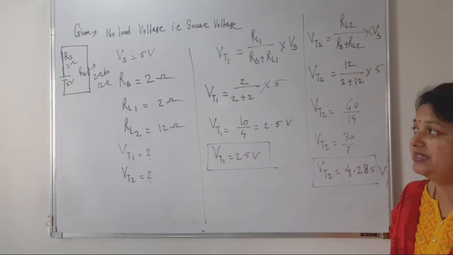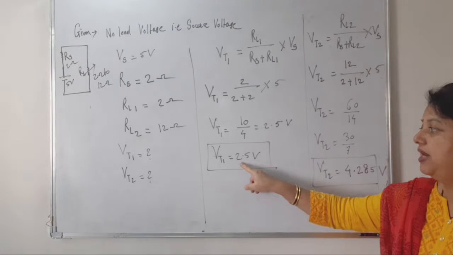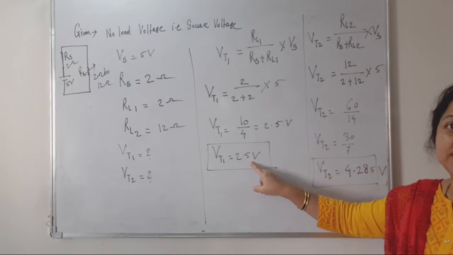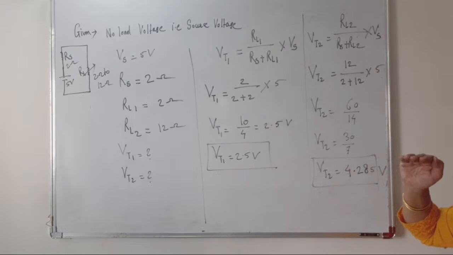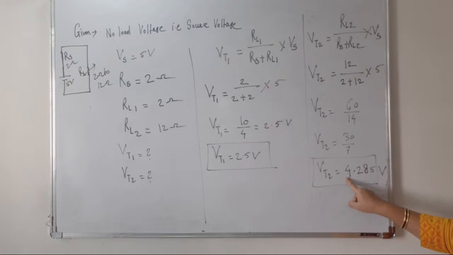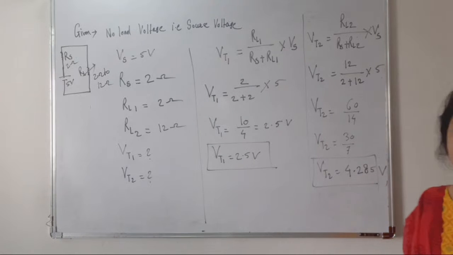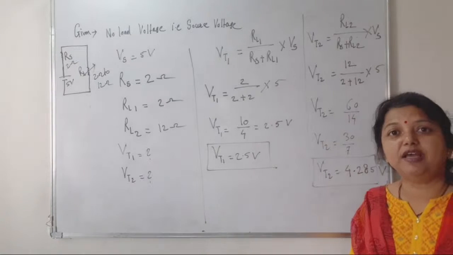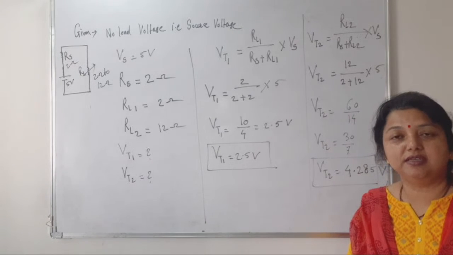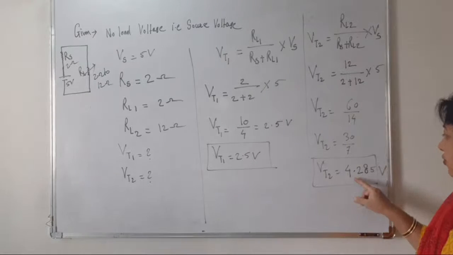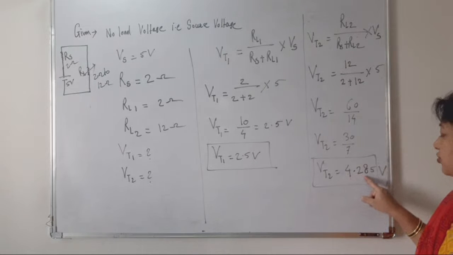Whenever load resistance is minimum, terminal voltage is also minimum, because at that time there is more potential drop across internal resistance. Whenever the load resistance increases, the terminal voltage also increases. Remember, always try to find the answer up to 3 decimal places to improve accuracy. 4.28 is also the right answer.